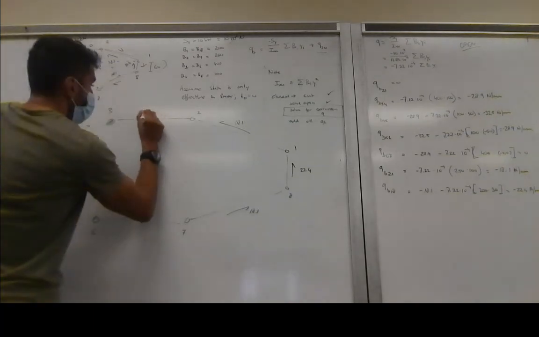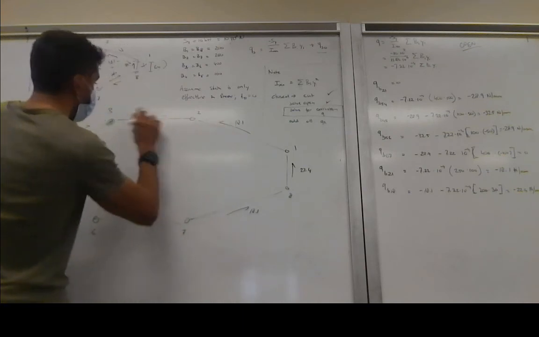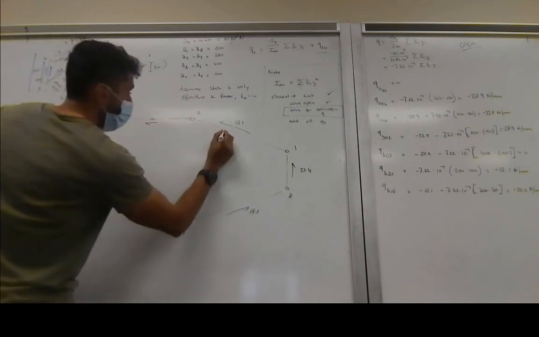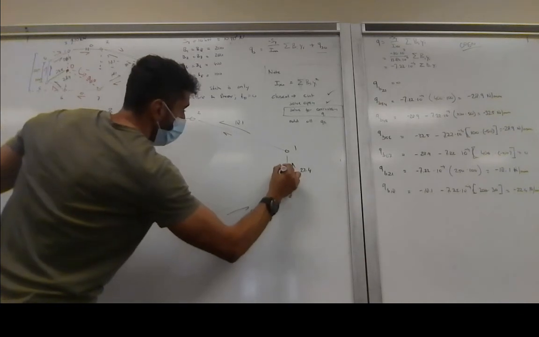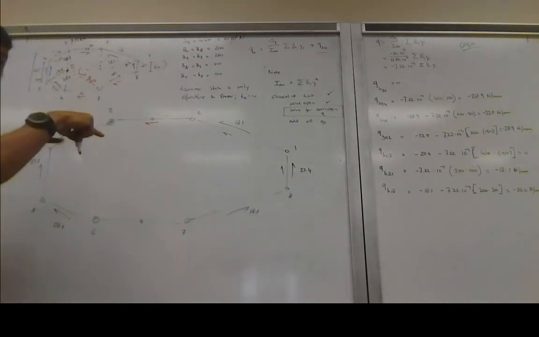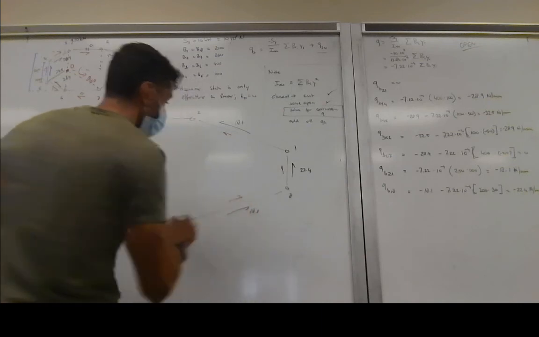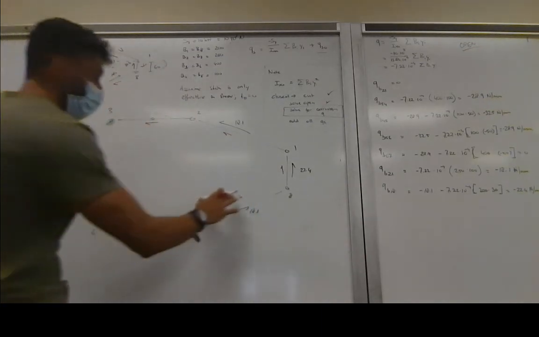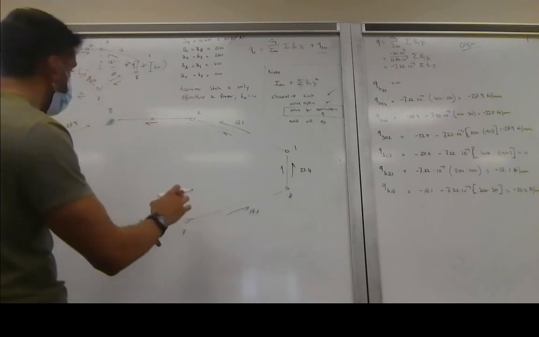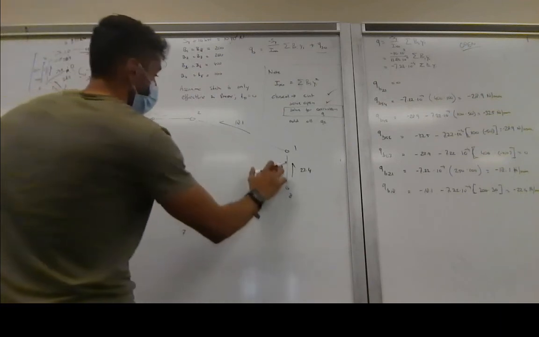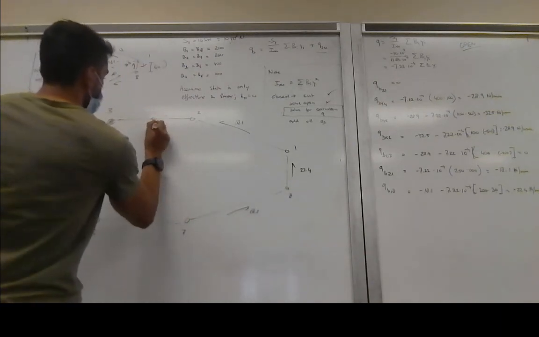So the shear flow goes in this direction. Let's draw that on the inside. Because we got a negative number, and we assumed counterclockwise, so it goes clockwise. Wouldn't that be the other direction? Yeah. So it goes this direction.